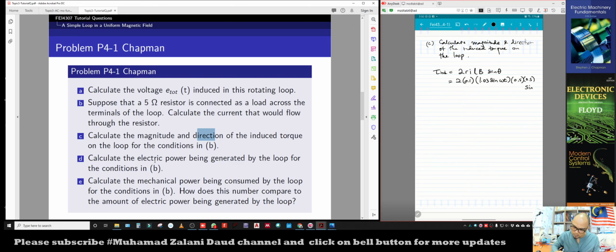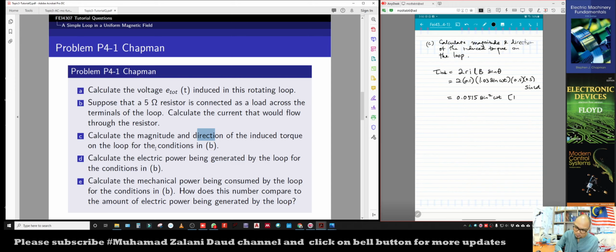Theta is now also omega t, because once the wire loop experiences the torque, the new angular speed is omega, so theta is also omega t. Then we can further calculate this torque, and the final answer is 0.0515 sine squared omega t.